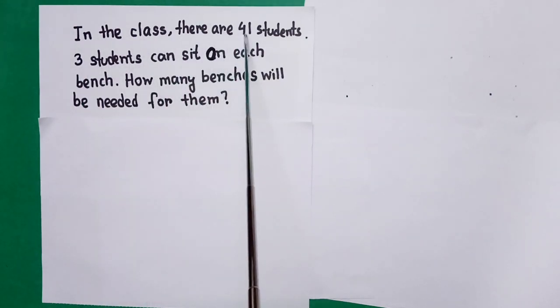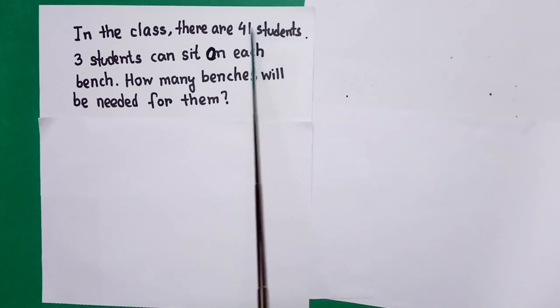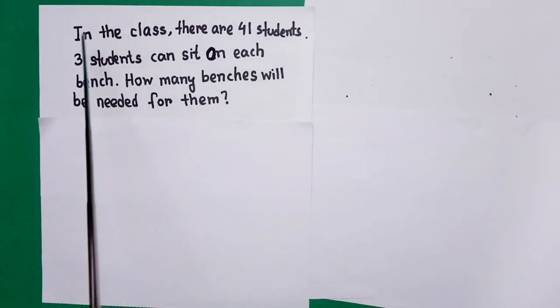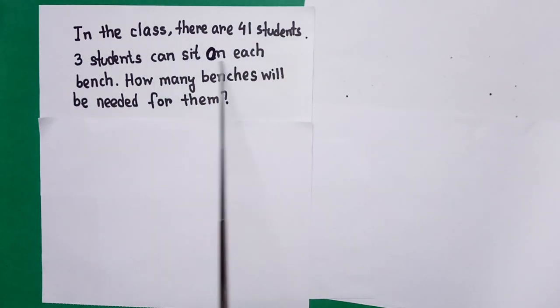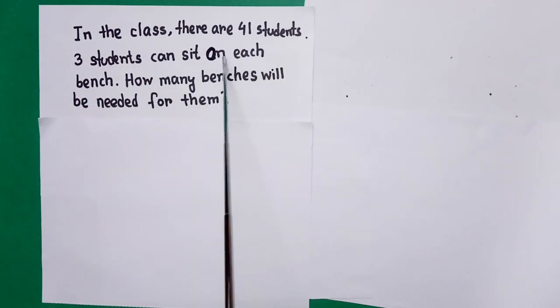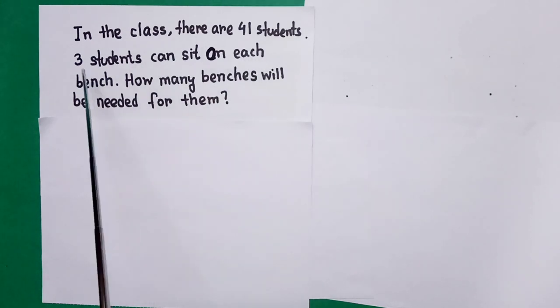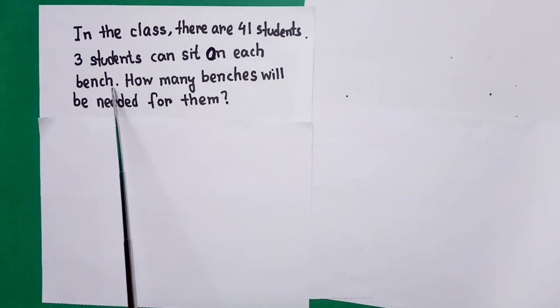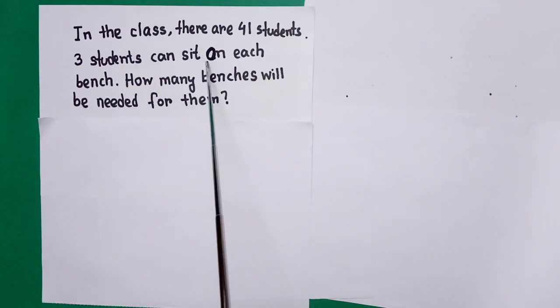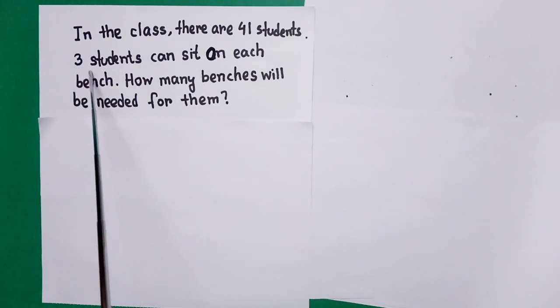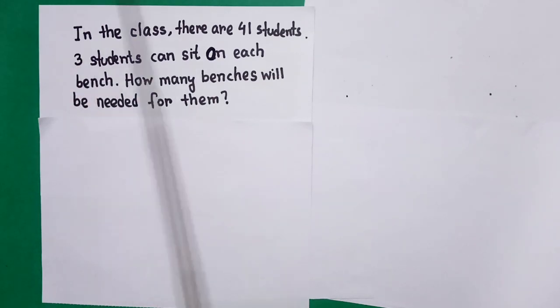First, the clue is 41 students and 3 students. Again, each bench means one bench. On one bench, 3 students can sit.